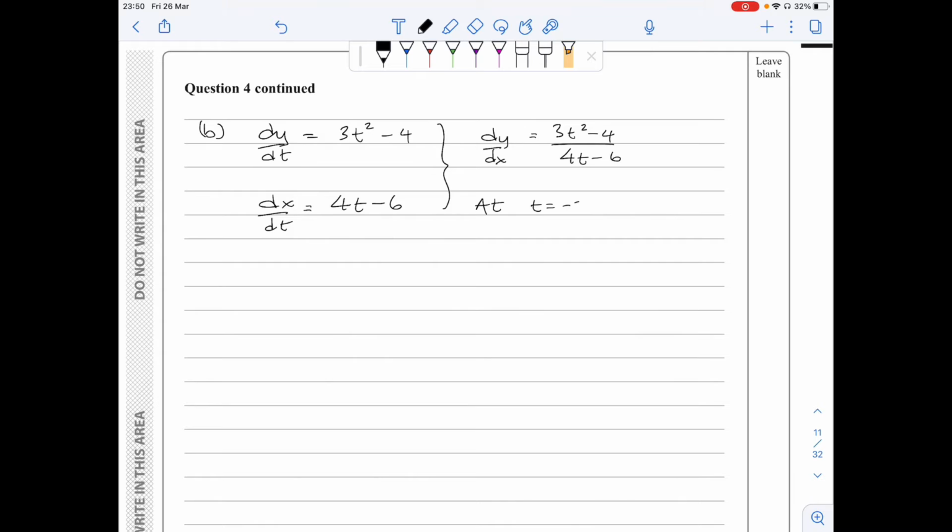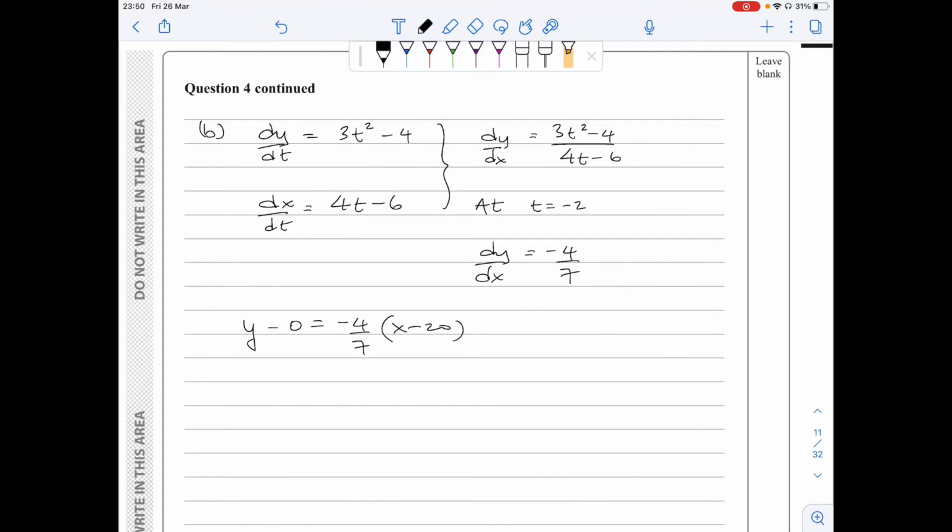At t equals minus 2, that's the t value at point B, dy/dx equals minus 4 over 7, and that is the gradient of my line, so y minus 0 equals minus 4 over 7 times (x minus 20).